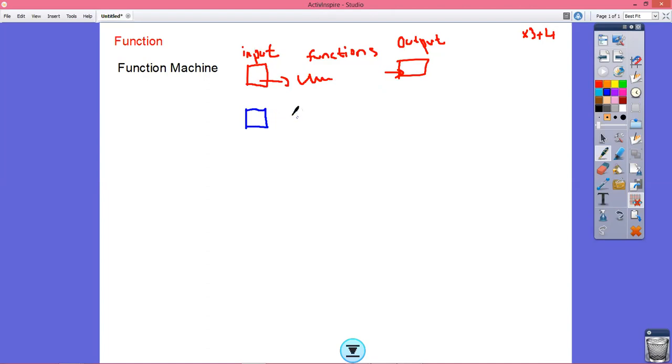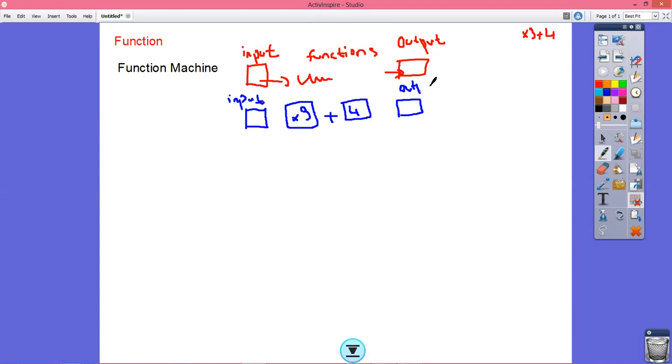This input we need to multiply by 3, and after multiplying by 3 we are going to add 4, and we will get output here. The function is multiplying by 3 and adding 4, and as a result we will get output.